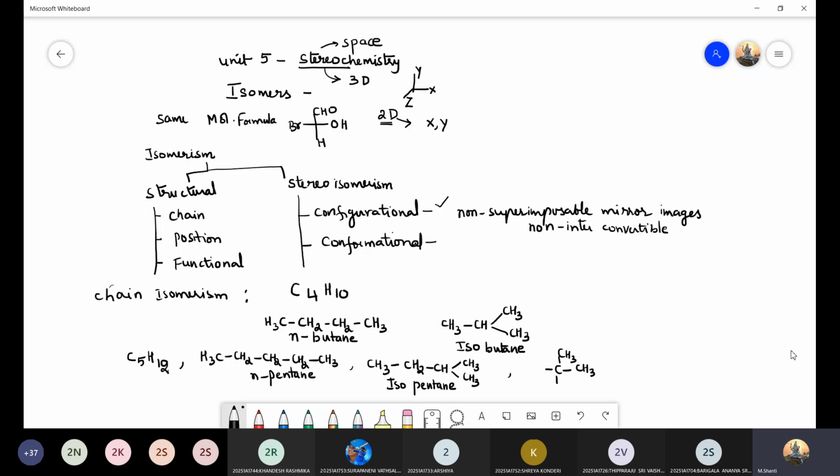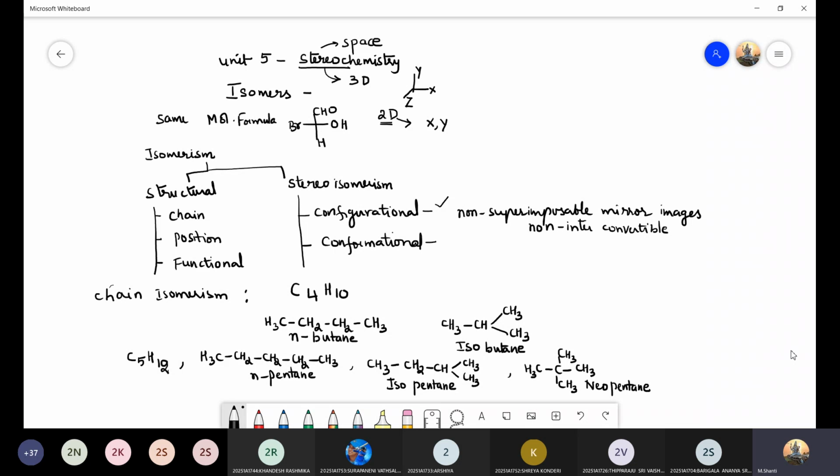In neopentane, you can see this is the kind of arrangement where you have a carbon in the middle and it is surrounded by 4 methyl substituents. This is your neopentane. So for C5H12, the possible chain isomers are 3. So this is about chain isomerism.